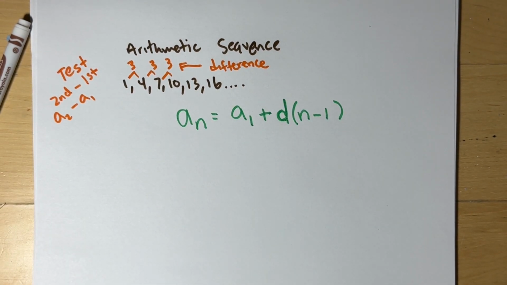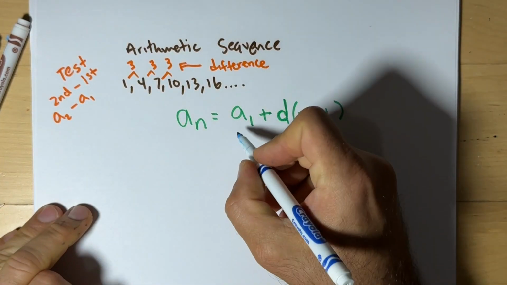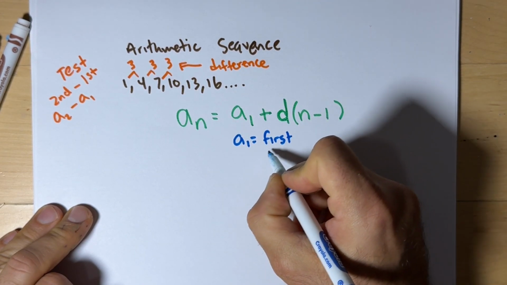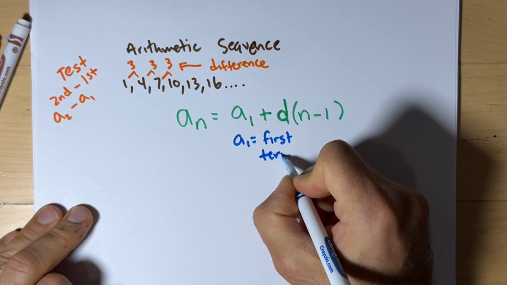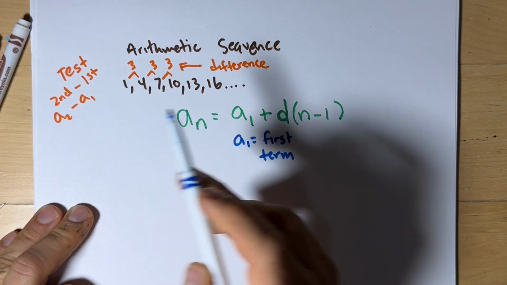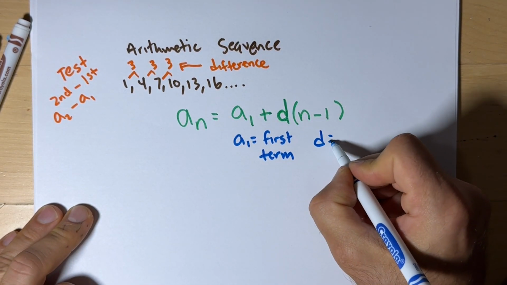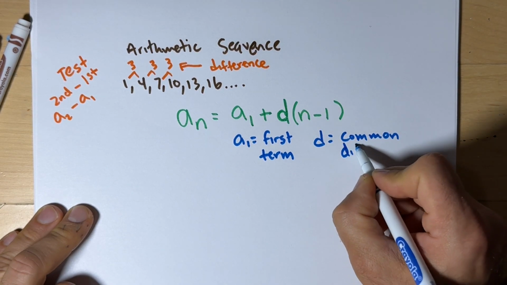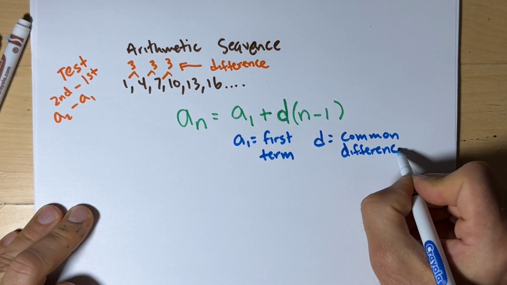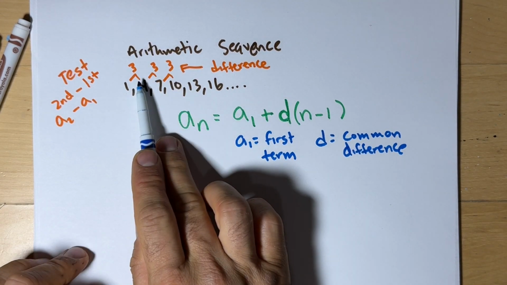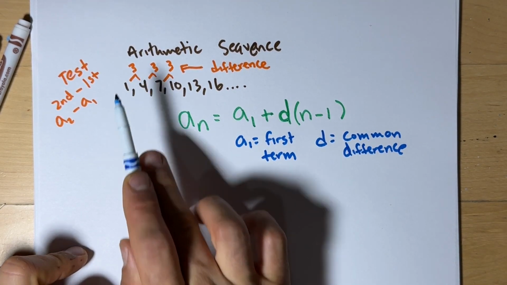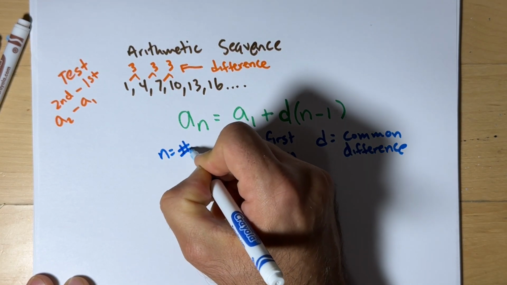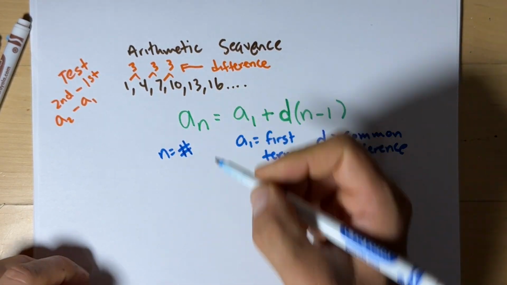So what each of these represents: a1 is our first term in the pattern, or the first number, which is here 1. Our D is our common difference, the difference between each number. And in math, the word difference means to subtract. So when we find the difference, we subtract the second one minus the first one. And the n is just the number, the term that we want to find, or the number in the pattern we want to find.